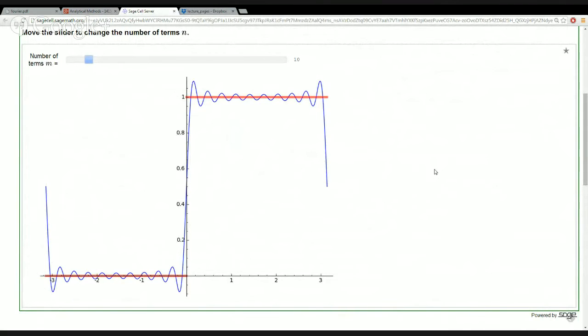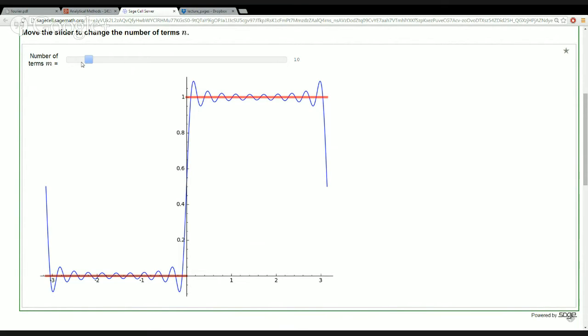Here we had the original function, the square wave function, or really the Heaviside step function over the interval minus pi to pi. That's the function graphed in red. It's a very simple function, equal to 0 in the negative half of the interval and equal to 1 in the positive half. Then in blue is a Fourier series approximation to it.